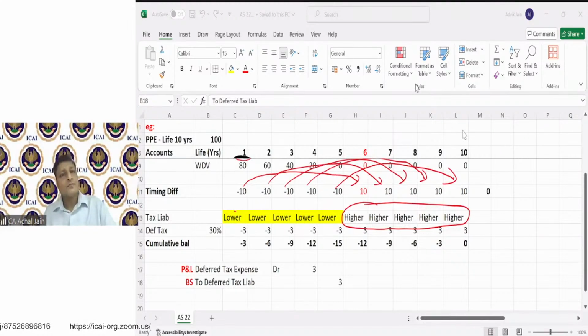So there could be various examples for this. For example, the items under section 43B of the Income Tax Act are also some of the examples which will fall over here.